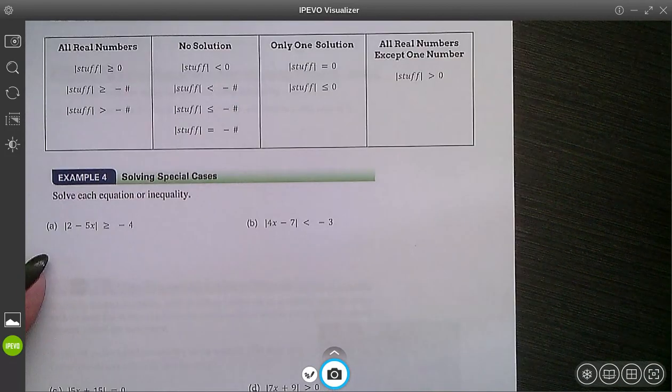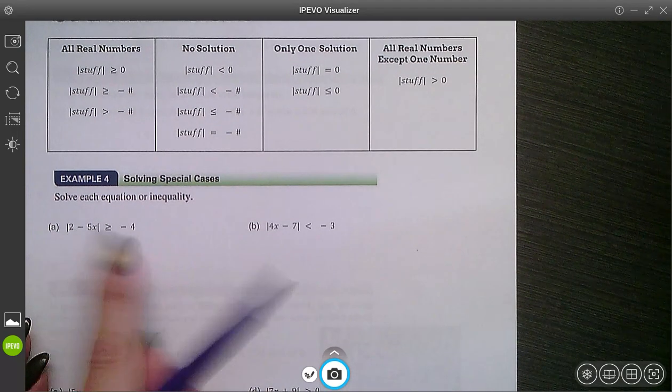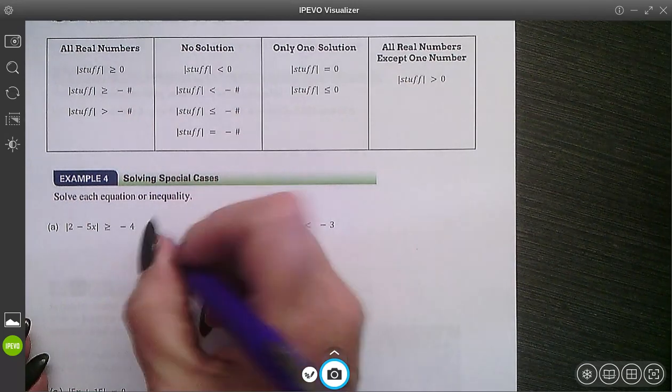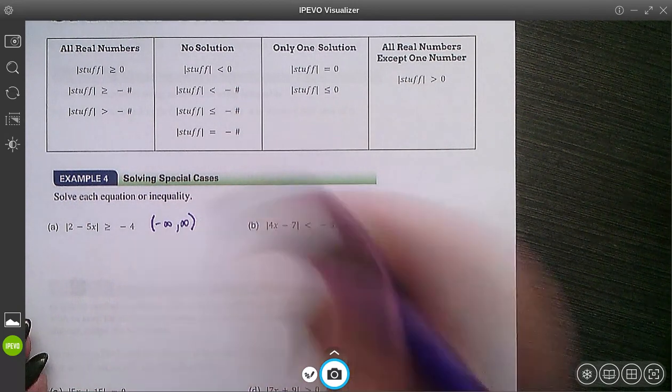We have absolute value of 2 minus 5x is greater than or equal to negative 4. So because absolute value is always going to be larger than negative 4, the solution to this is going to be all real numbers, negative infinity to infinity.